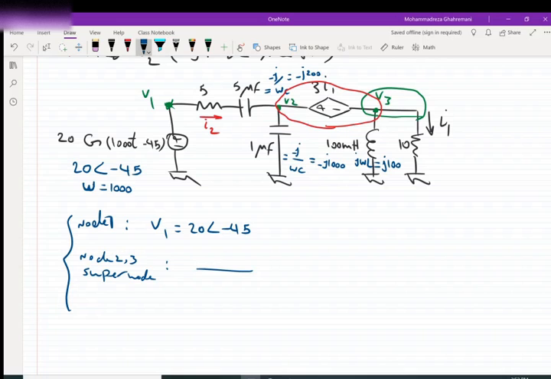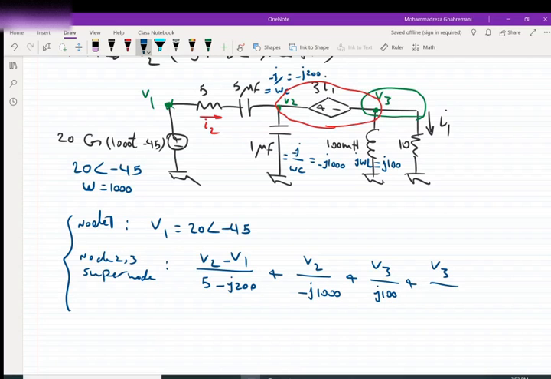The current leaving V2 toward V1 is V2 minus V1 over 5 minus j200. 5 corresponds to the resistor and negative j200 corresponds to the capacitor, plus V2 over negative j1000, plus V3 over j100, plus V3 over 10 is equal to 0.